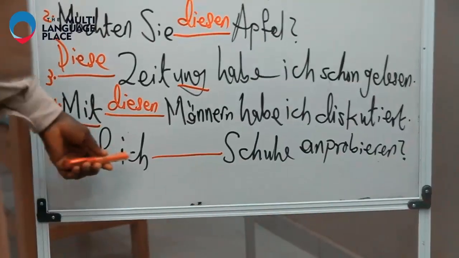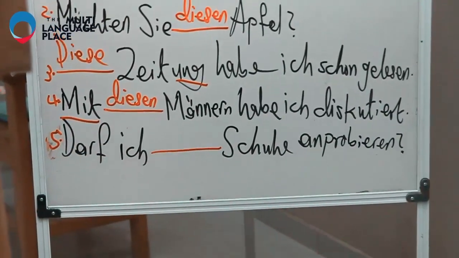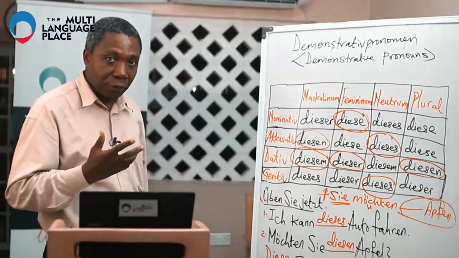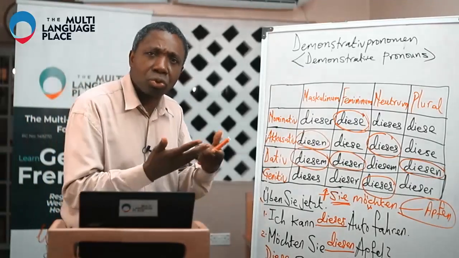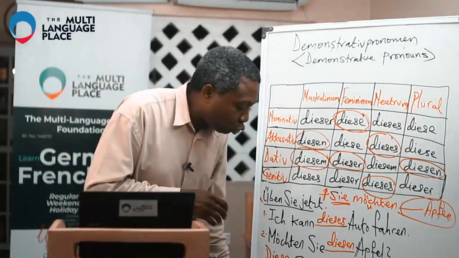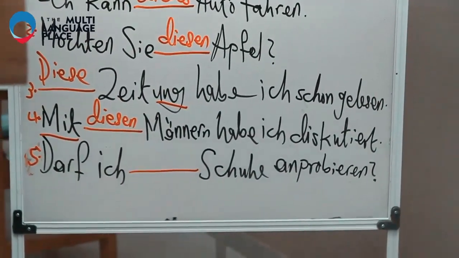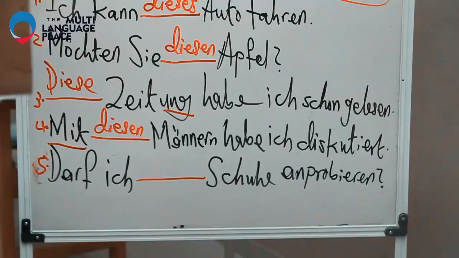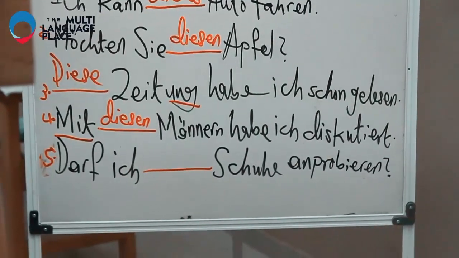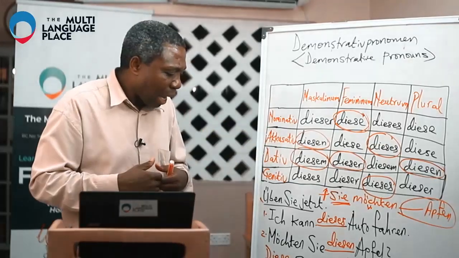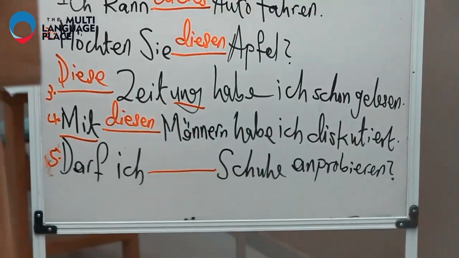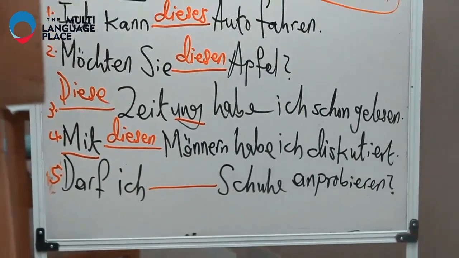So, darf ich, this is from a modal verb, dürfen. Darf ich, am I allowed to? Yeah? Anprobieren is to try, to see if it's your size. Am I allowed to try these shoes? Am I allowed to try them on?